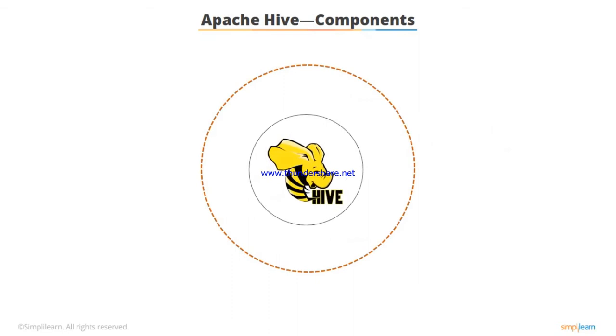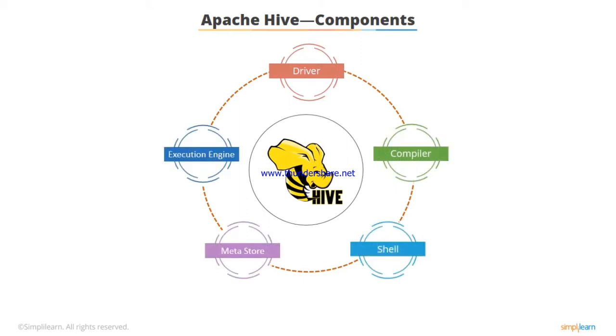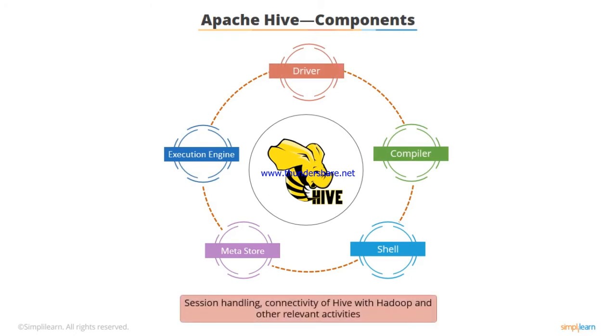Hive has 5 critical components. These are driver, compiler, shell, metastore, execution engine. The driver takes care of session handling, connectivity of Hive with Hadoop, and other relevant activities.